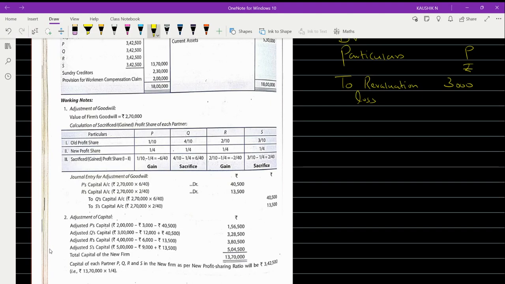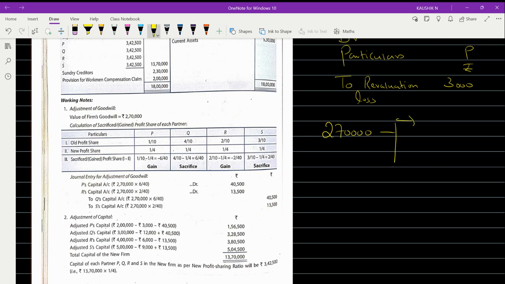Here they have done that calculation on 2,70,000. They just applied the value like 6 by 40, or as I said, they simplified it. We'll take it as 20. So when you apply this particular value on the goodwill, you'll get the values. Just calculate and tell me on the value of this 2,70,000.